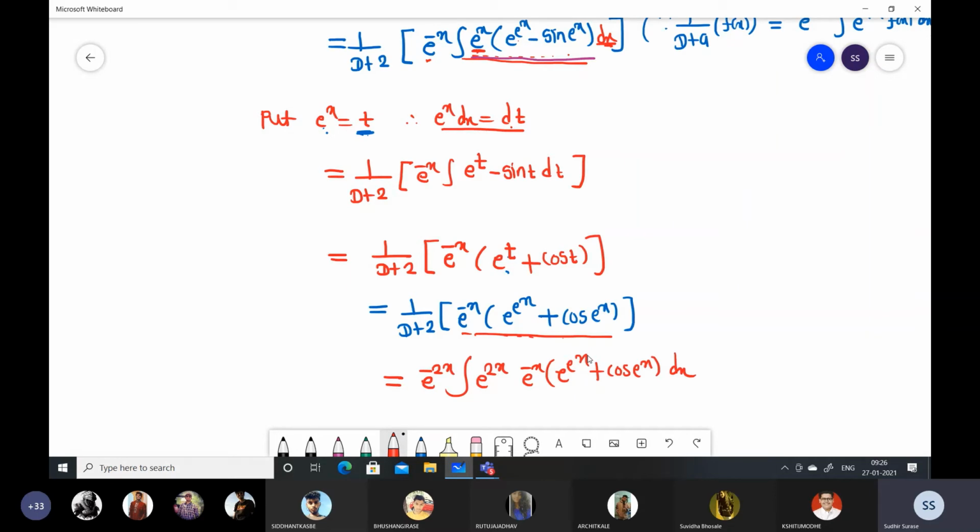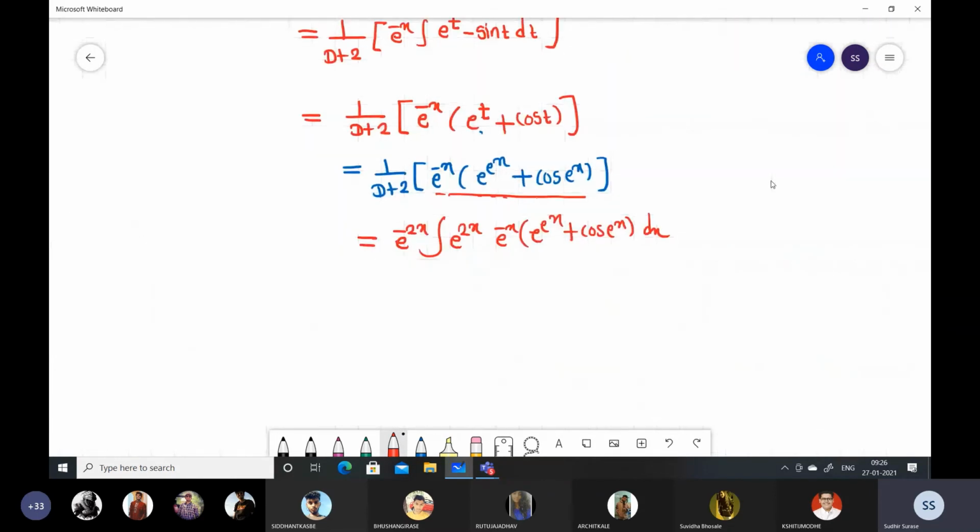Now we can simplify it further. Therefore, it is e to the power negative 2x integral e to the power 2x into e to the power negative x. One e to the power negative x gets cancelled, so we are left with e to the power 2x minus x, that will be x, and inside e to the power x plus cos e to the power x dx.